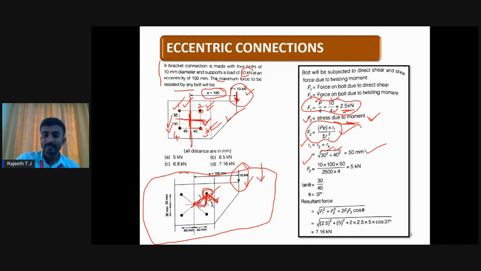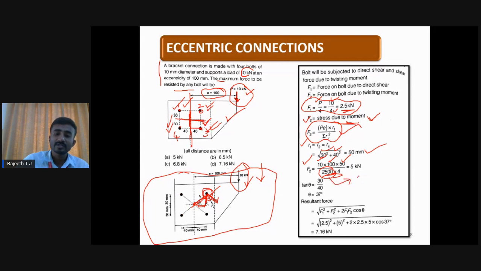If you substitute here, P is 10 kilonewton, E is 100 mm, and R is the radial distance. Sigma R square is the sum of x square plus y square for all the members. x is 40, so 40 square plus 30 square, into 4. Then you get 2500 into 4. What is 2500?